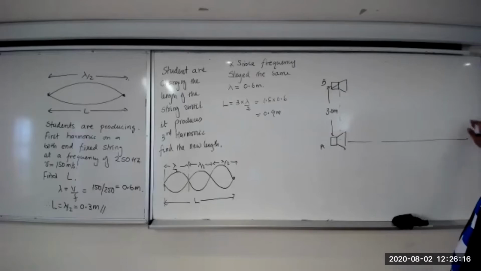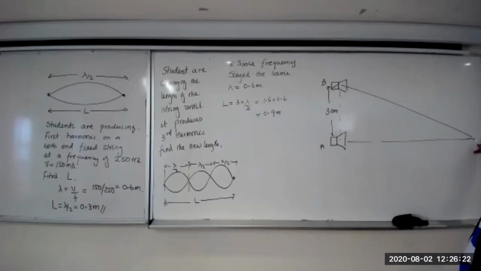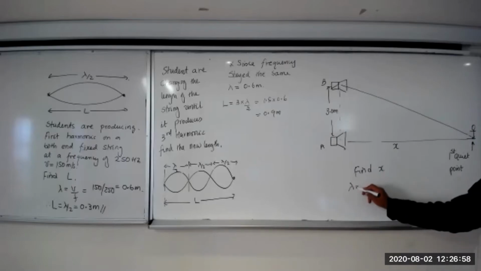So far she's having equal sound intensity, and suddenly she's experiencing the first quiet point here, while she's walking towards A. Okay, so we ask you to find x. The lambda is 2 meters.